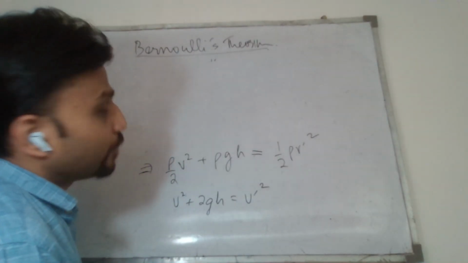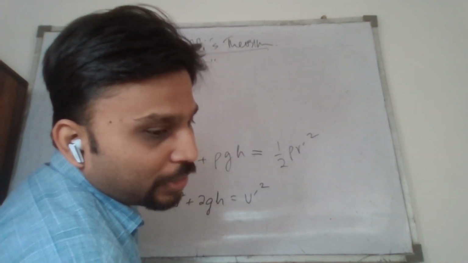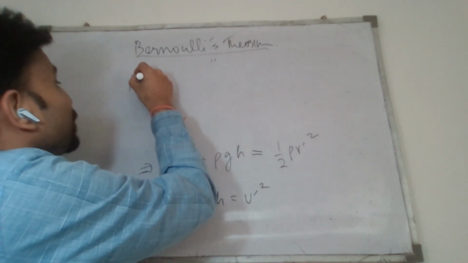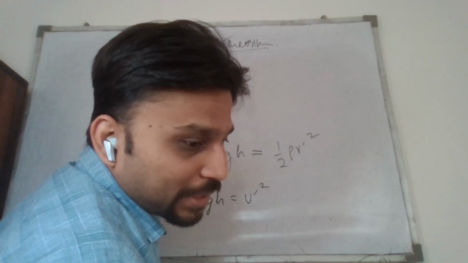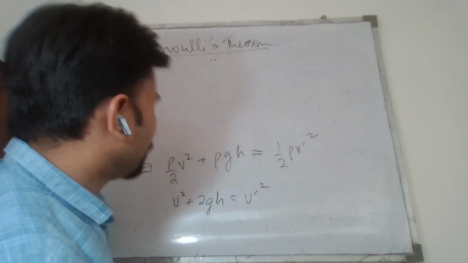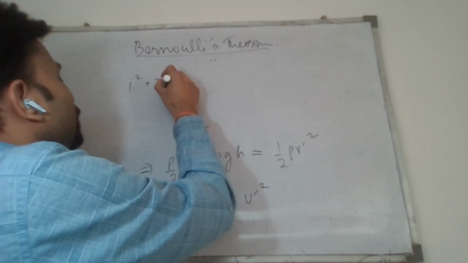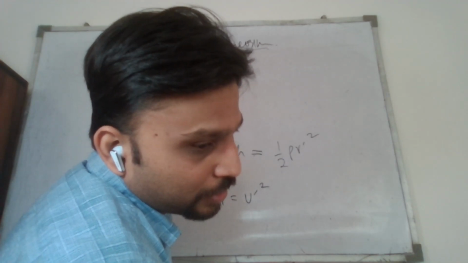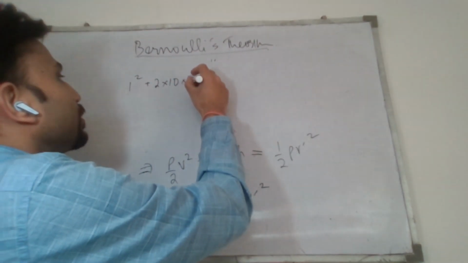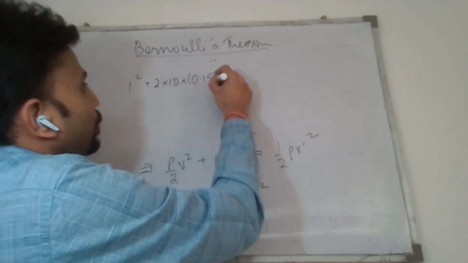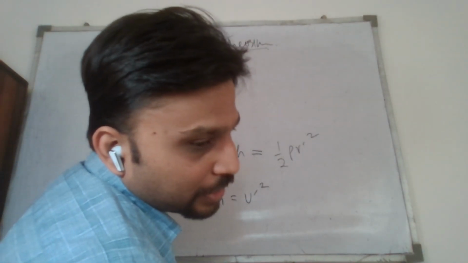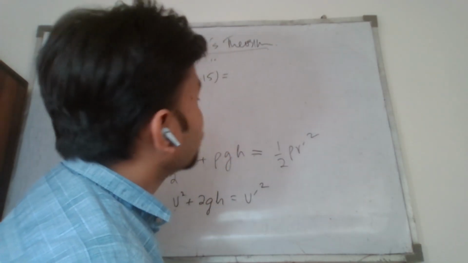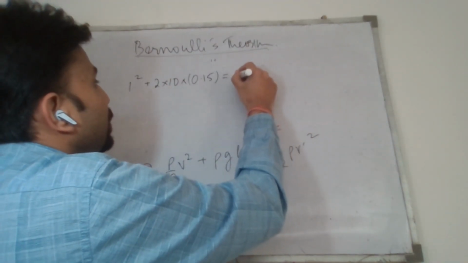So what was the value which we have taken? v is 1. So this is 1 square plus 2 into g, which is 10, into h, which is 0.15, and v dash is what we have to evaluate.